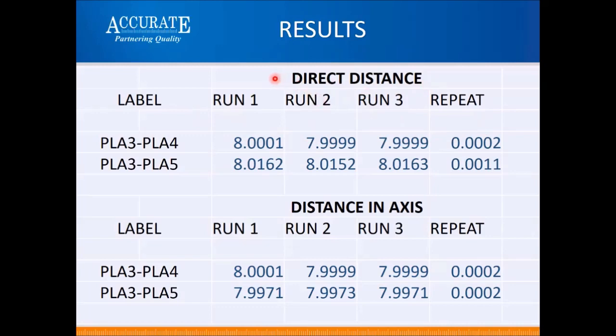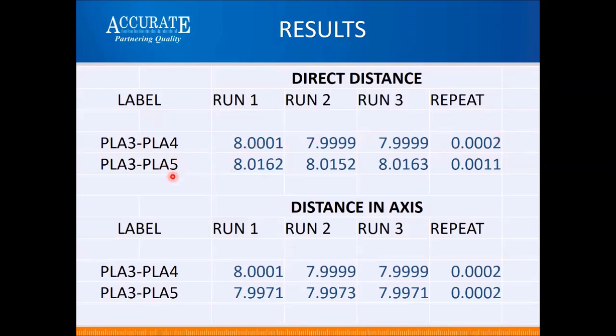Then with this methodology of the distance measurement, you would see here from the bottom plane to the tab plane, the 6 tab plane, the measurement result shown here is 8.0001, 7.9999, and the third reading also repeated. So the repeatability between 3 readings is 0.002. So it is an excellent repeatability, not even half micron.